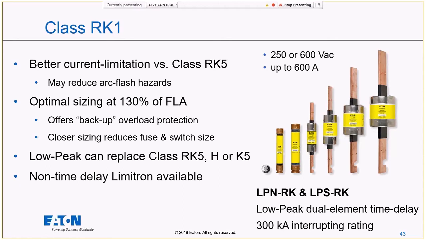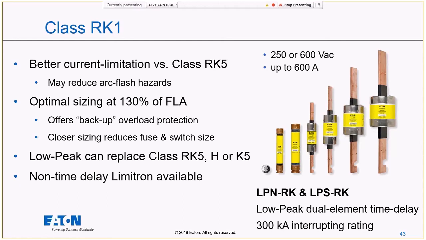And in exchange, I get much, much reduced arc flash hazards. It's a much better current limiting fuse, and so it really helps to reduce my arc flash in comparison to that RK5. So one really good way that you can improve your arc flash rating is just by replacing those RK5 fuses with an RK1 fuse.